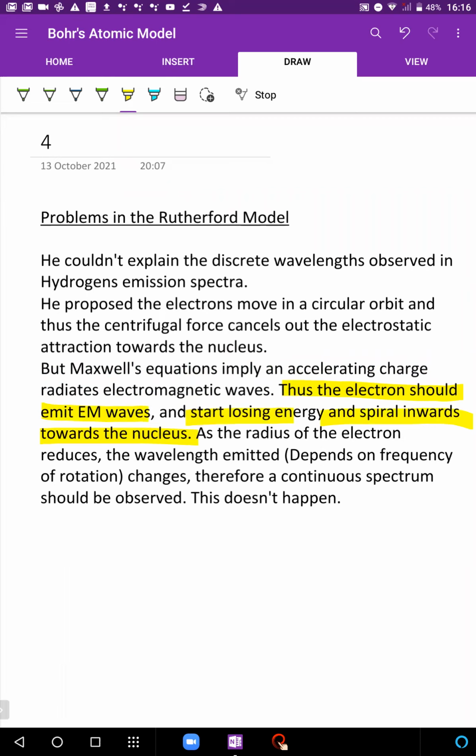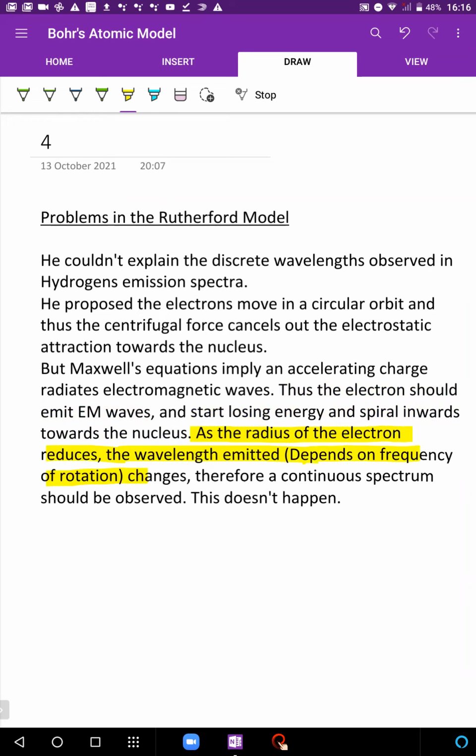It's not a stable model at all. It should collapse. So that's the biggest problem. This is a side note: while it is collapsing, the radius of the electron's orbit will keep becoming smaller. Accordingly, the wavelength emitted will also change, depending on the frequency of rotation.